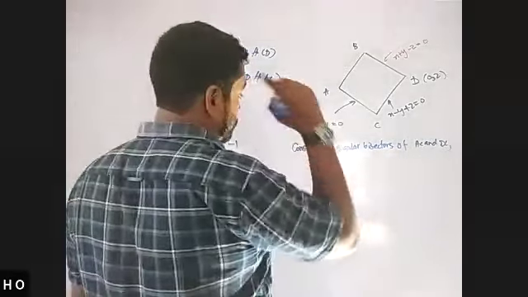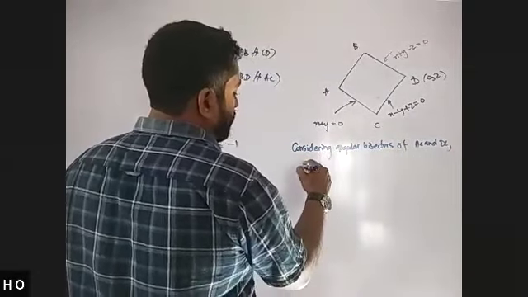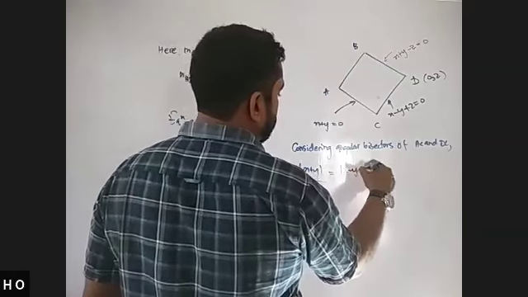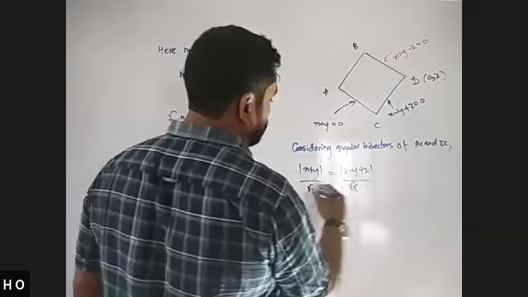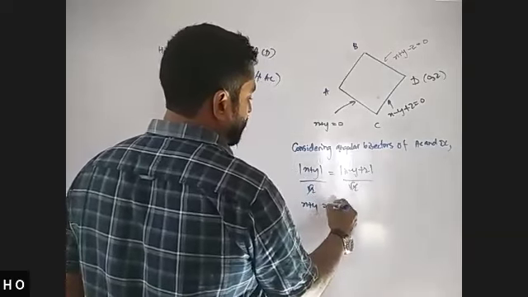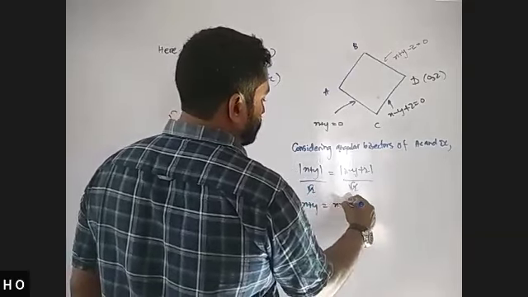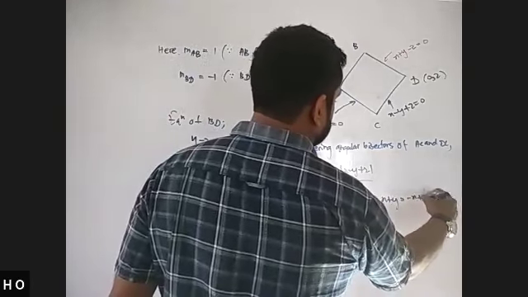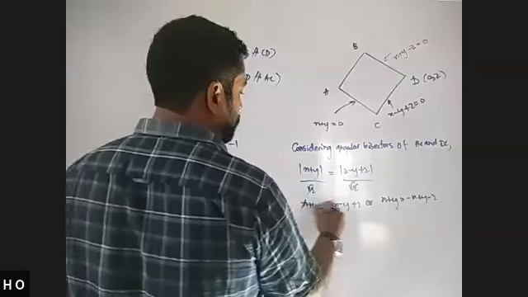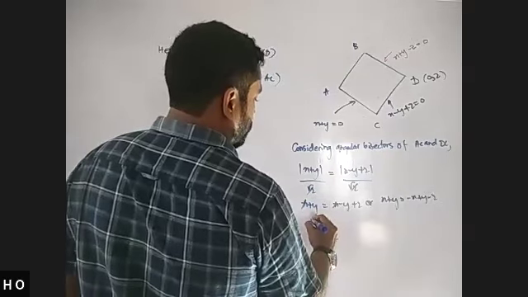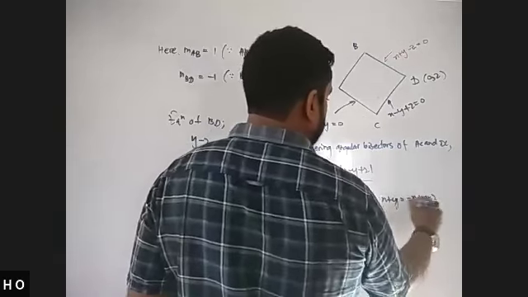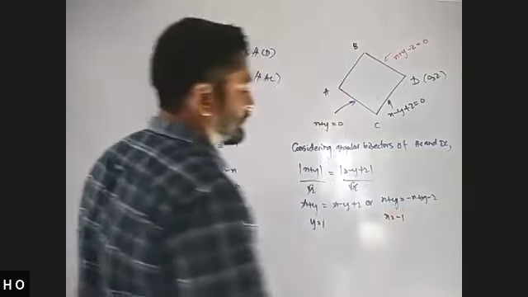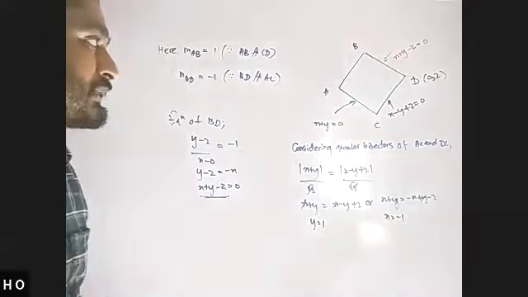There you have modulus of x plus y over root 2 equals modulus of x minus y plus 2 over root 2. So x plus y equals minus (x minus y plus 2), which gives 2x equals minus 2, x equals minus 1, and x plus y equals x minus y plus 2, which gives 2y equals 2, y equals 1. These are the two angular bisectors.